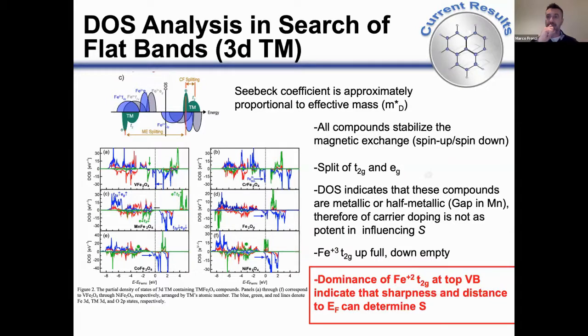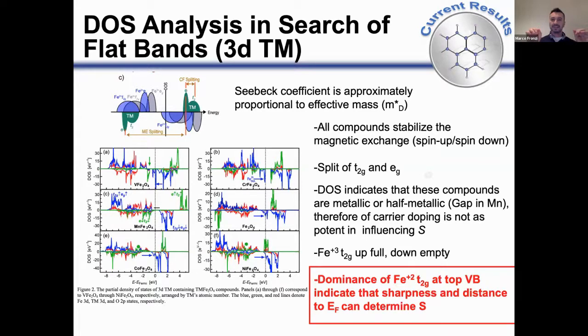Now, I forgot to say why it's important to analyze the DOS of these materials. It is important because the Seebeck coefficient is approximately proportional to the effective mass of the carriers. So this implies that if we look at the band structure, the effective mass is linked to the second derivative of each band for each direction, which means that if a band is flat, we have a high mass and a high Seebeck coefficient.